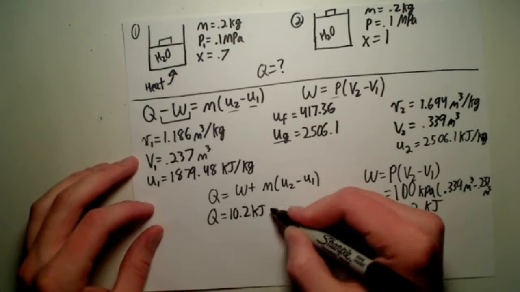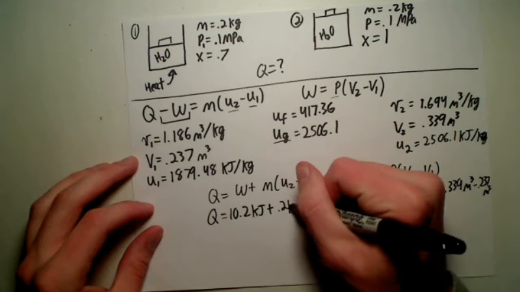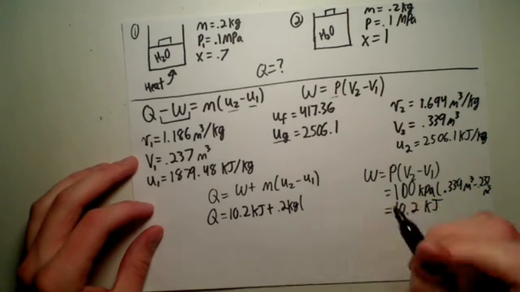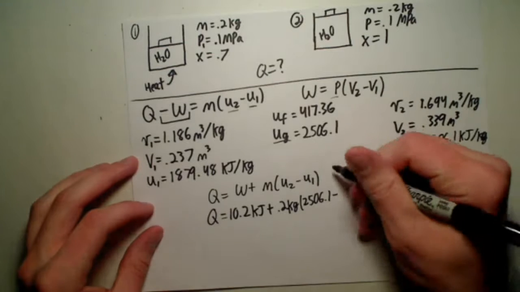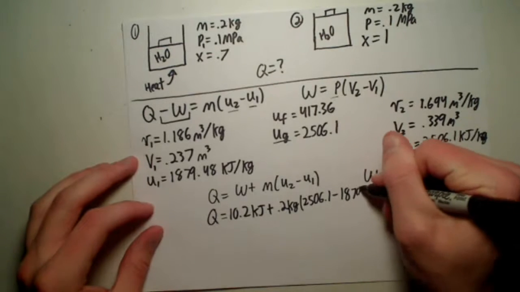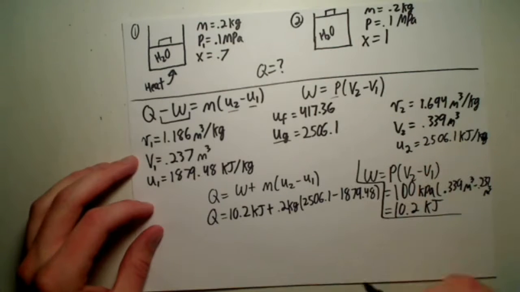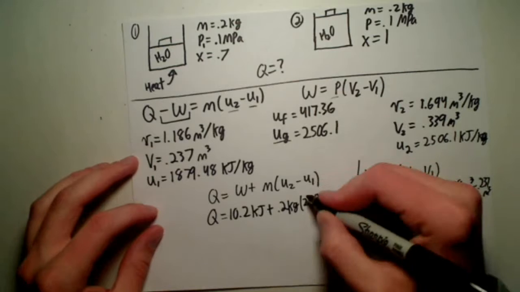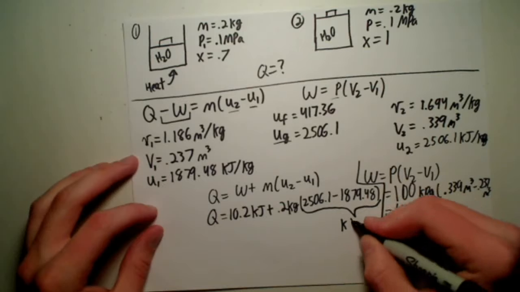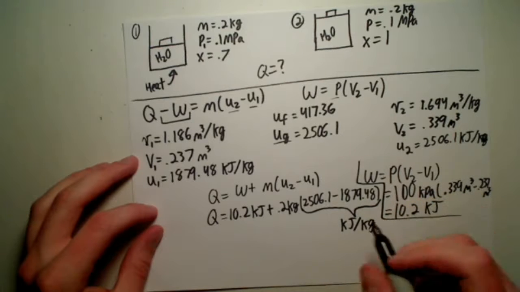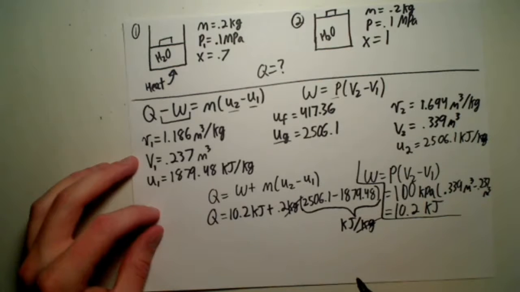So we'll just put this in for W here. 10.2 kilojoules plus 0.2 kilograms times 2506.1 minus 1879.48, and the units here, which didn't have room, are kilojoules per kilogram, and as you see we cancel out the units and we're left with kilojoules.